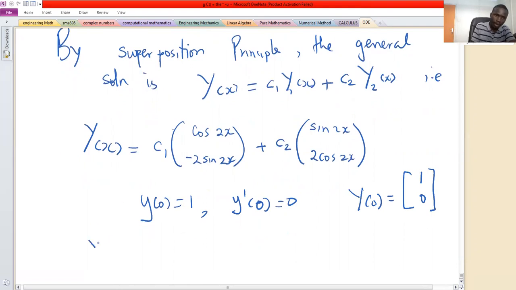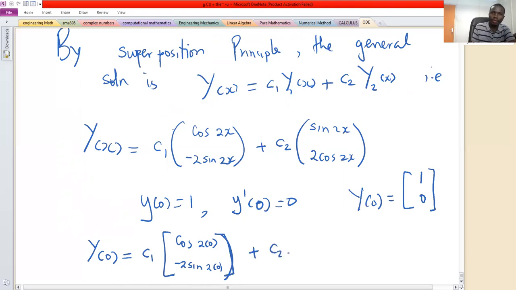So capital Y of 0 equals c1 times cosine of 2 times 0 minus 2 sine of 2 times 0, plus c2 times sine of 2 times 0, 2 cosine of 2 times 0. This should give us, according to the initial conditions, 1, 0.